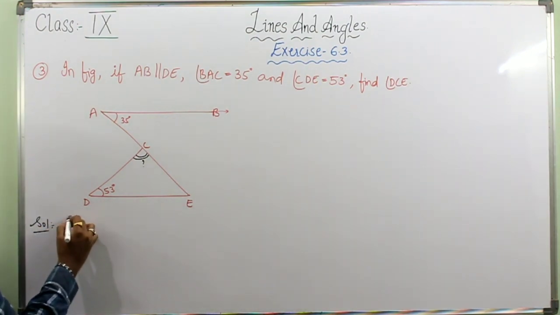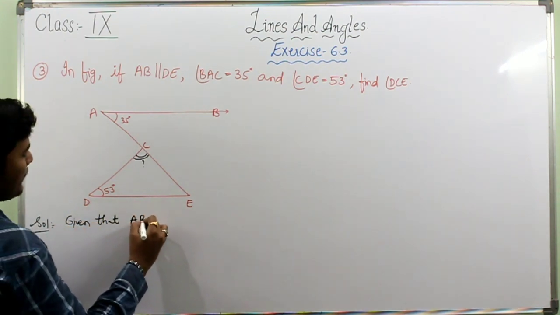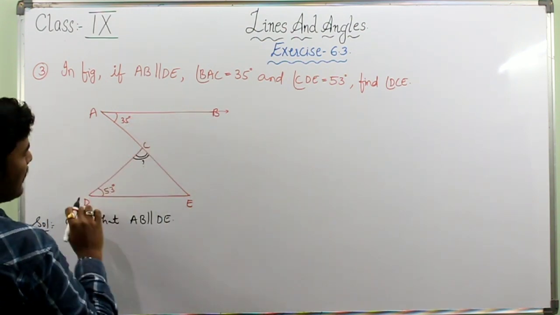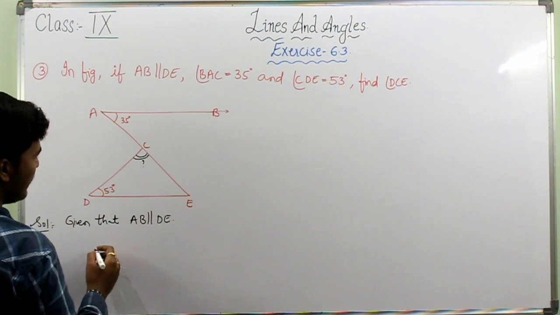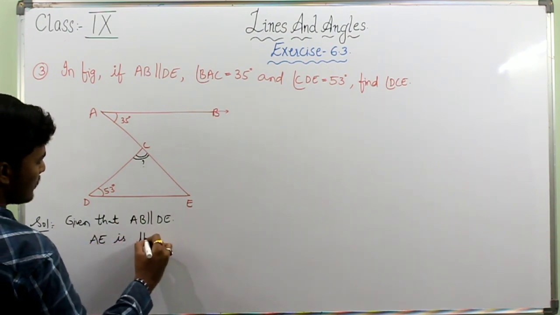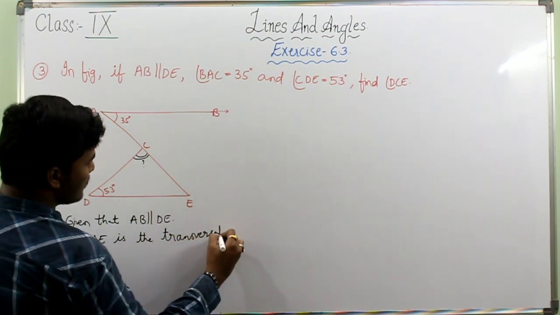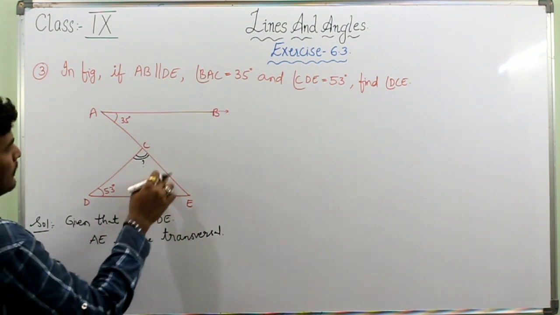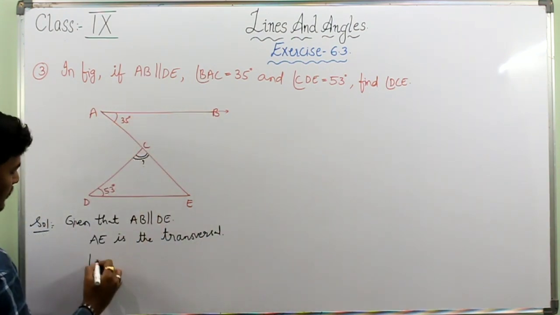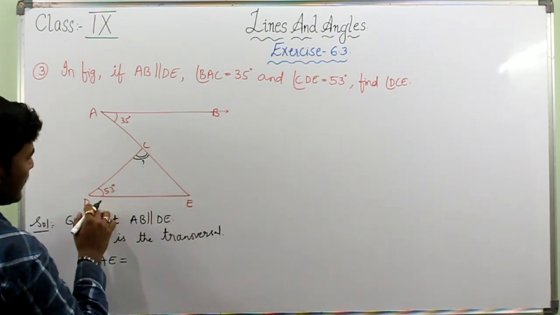Given that AB is parallel to DE. If AB is parallel to DE, AE will be the transversal. If AE is the transversal, then angle BAE will be equal to CED.